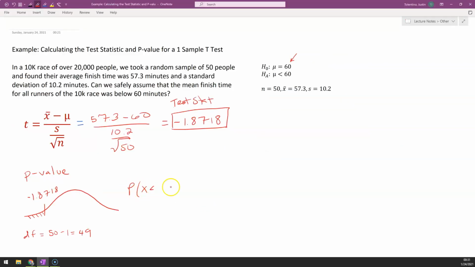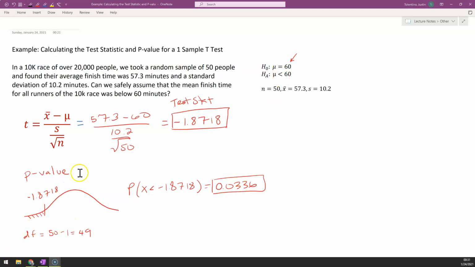So the probability of getting something less than that. So there's about a 3.36% chance of observing this specific data from our sample if the true value of 60 is actually correct.